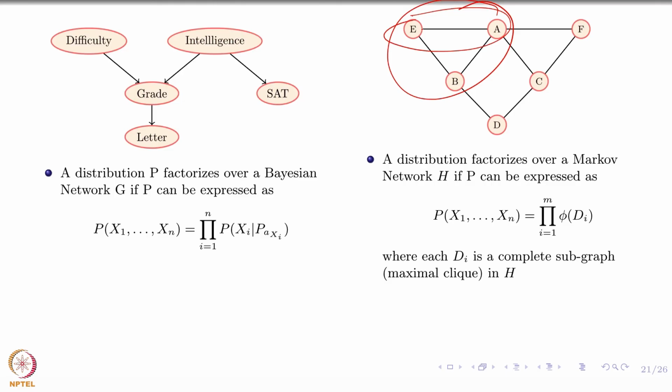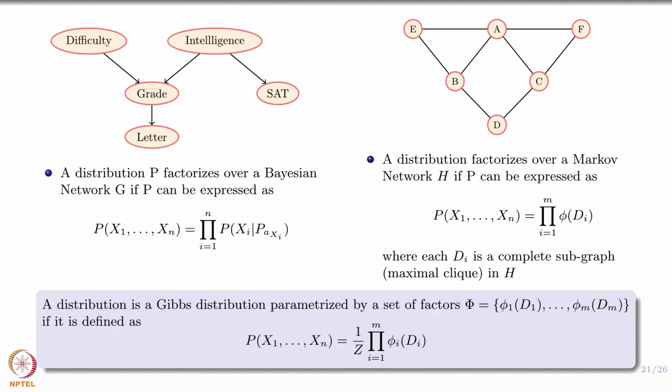The only thing that we're doing is in the end we're ensuring that the probability distribution factorizes over these factors, and we add this partition function which is Z to make sure that at the end we get a distribution. Even though these factors are not distributions, unlike the Bayesian case, we can always normalize them by adding the partition function and get back a distribution.